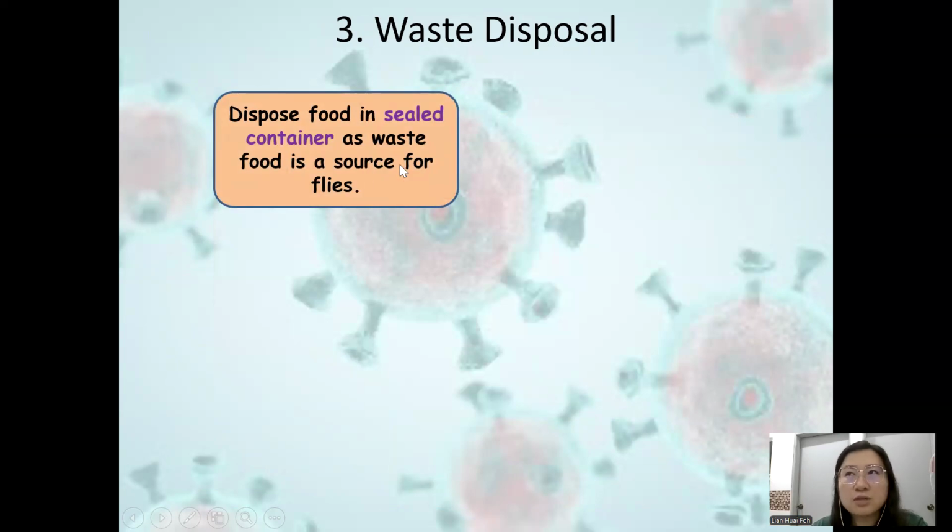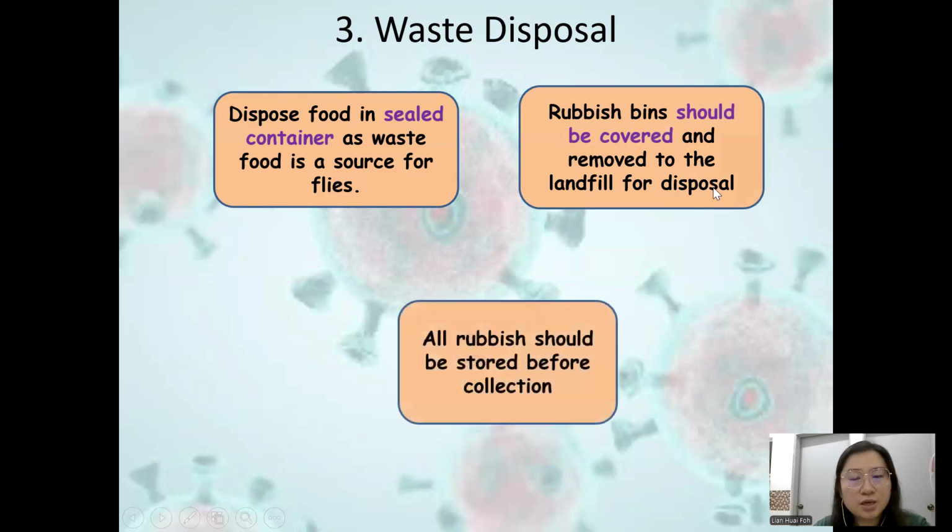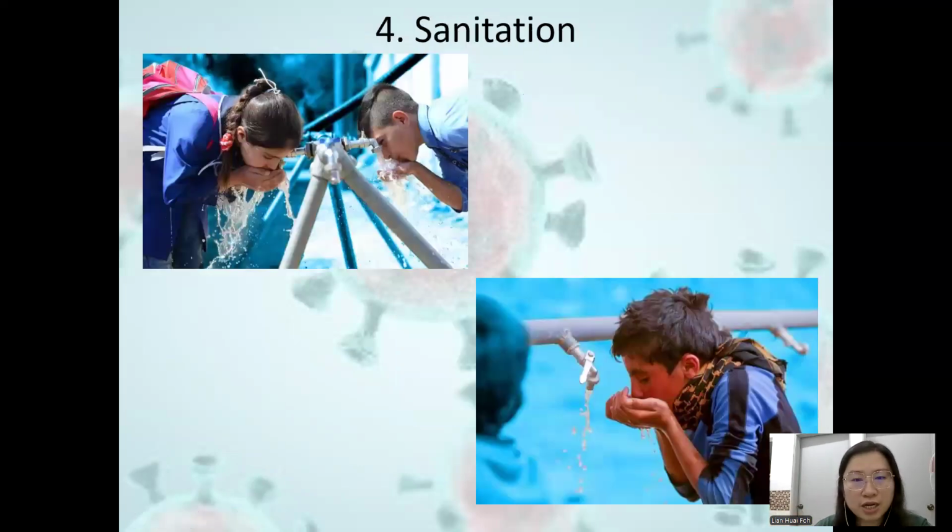When you throw away your food, you should seal up the plastic, because otherwise it can cause flies to come over, and flies are a vector that transmits disease. Rubbish bins must be covered. Rubbish should be stored before collection, which means you should cover it in the dustbin before the garbage truck comes to collect.